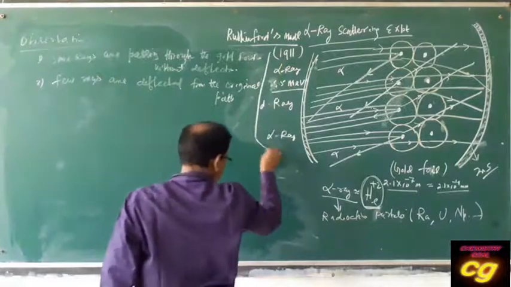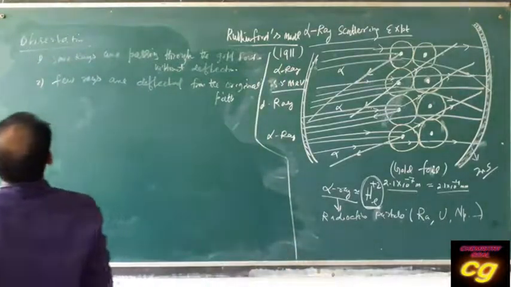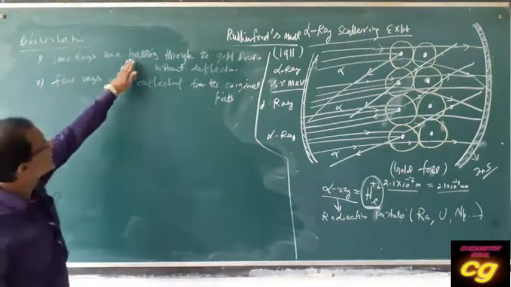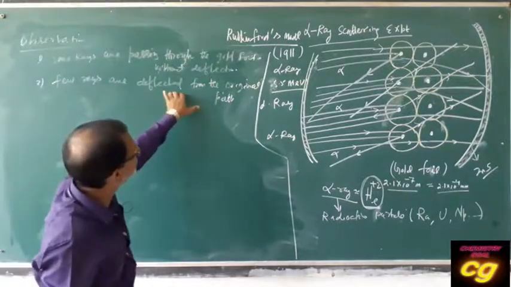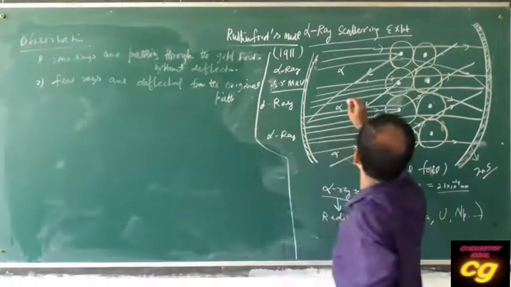Okay? Some rays are passing through the gold foil and few rays are deflected from the original path, like this.